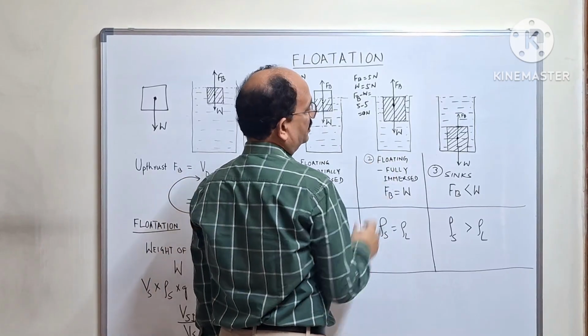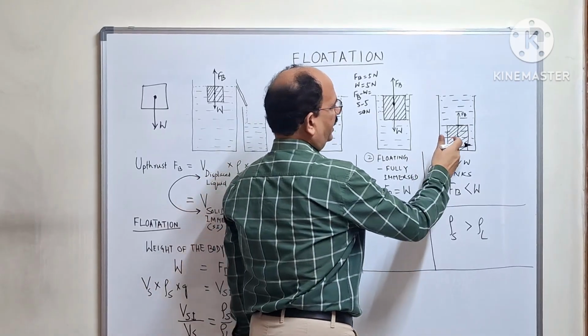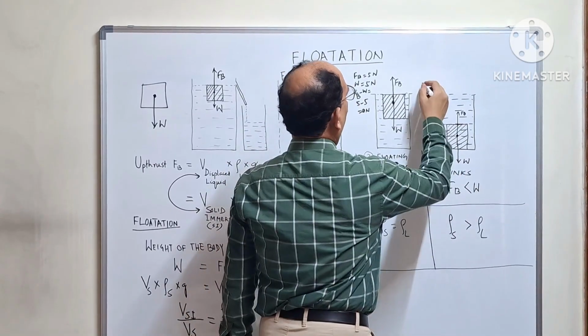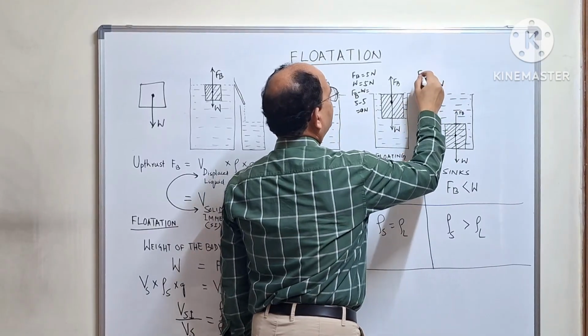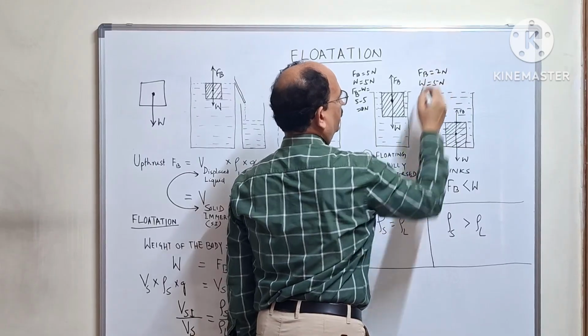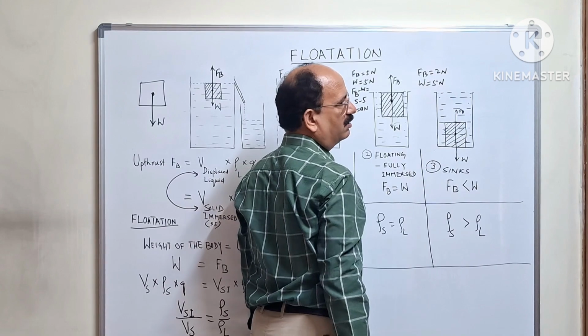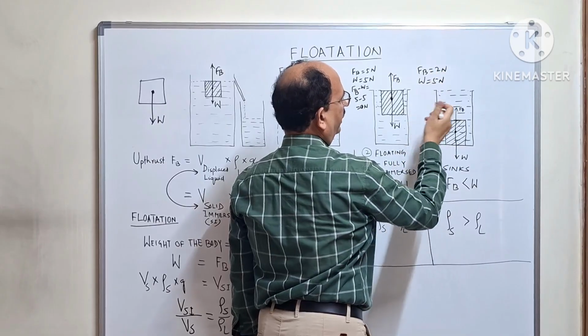There is a third situation also where the upthrust is lesser than the weight of the body. Now, if weight is 5 Newton and upthrust is only 2 Newton, then what do you think? The weight is acting downward and it is having more force, that is 5 Newton, right?